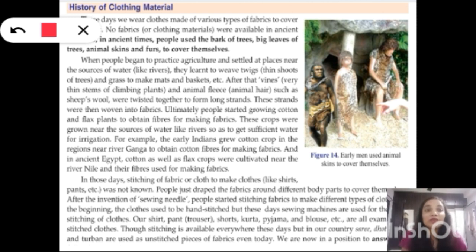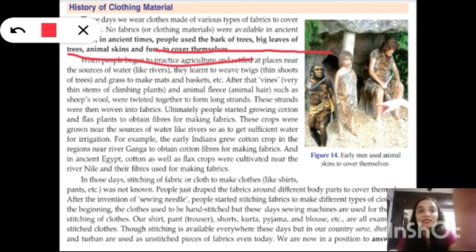So they used bark of trees, big leaves and animal skin to protect their body from the seasons and the sunlight. In the earlier age, when they had nothing, they directly used bark of trees, big leaves and animal skin.